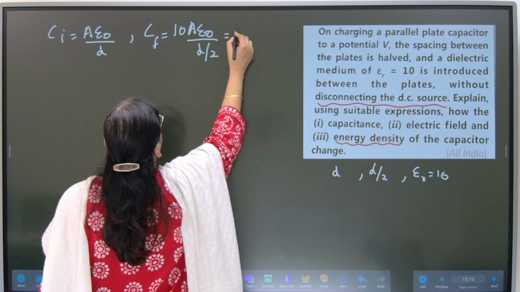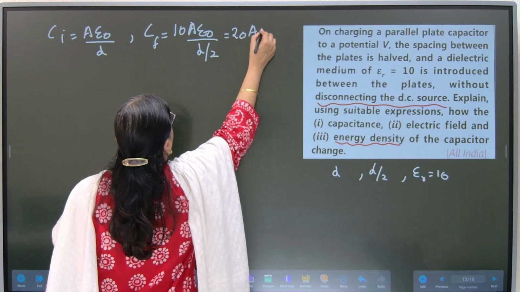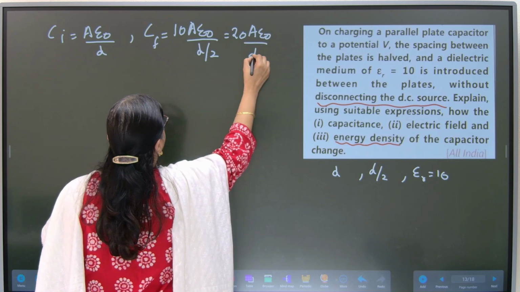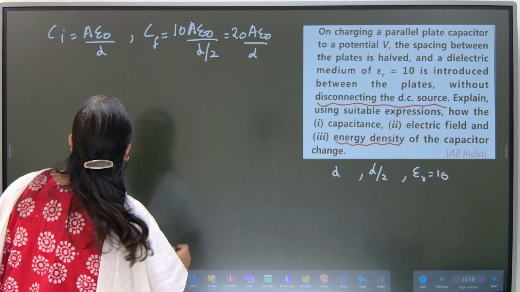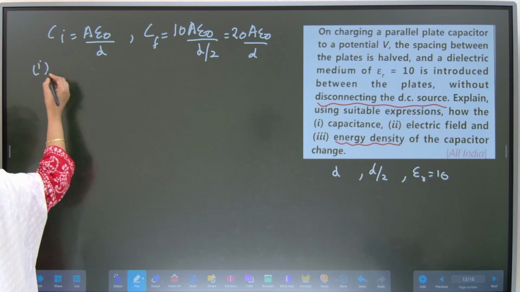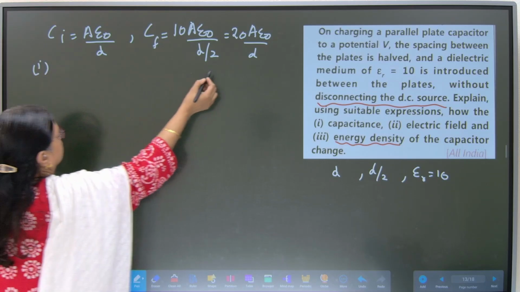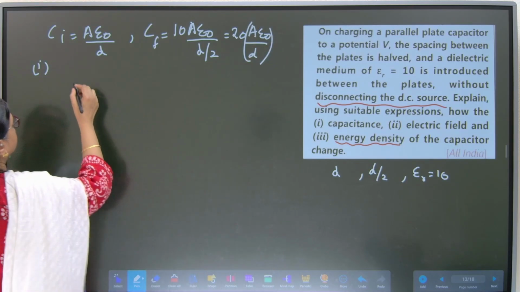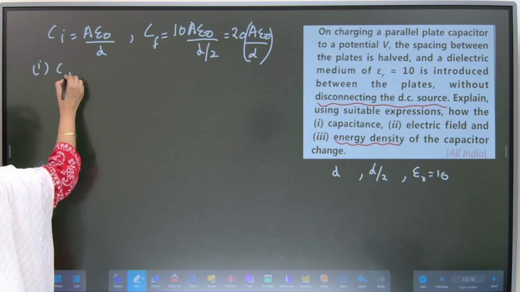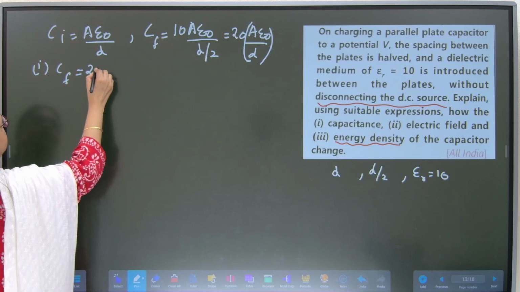So it becomes 20 A epsilon naught upon D. So our first part is solved: comparing these two expressions, we get CF is equal to 20 Ci.